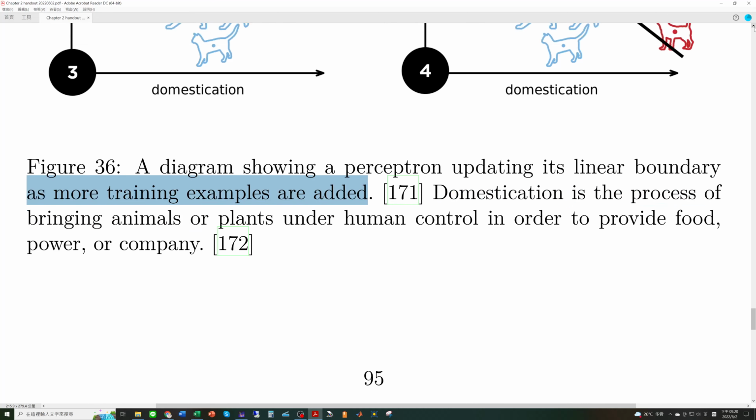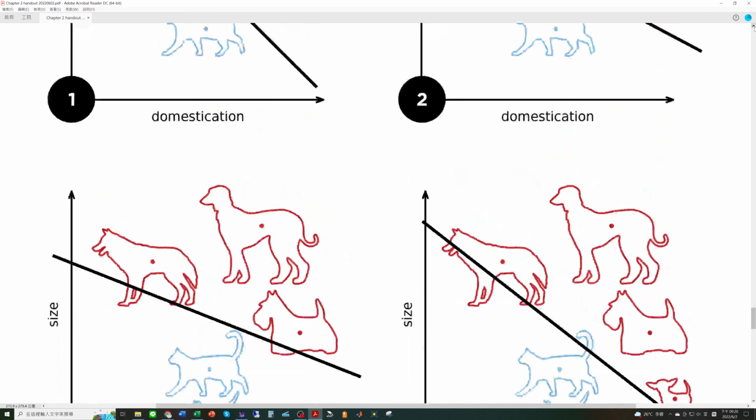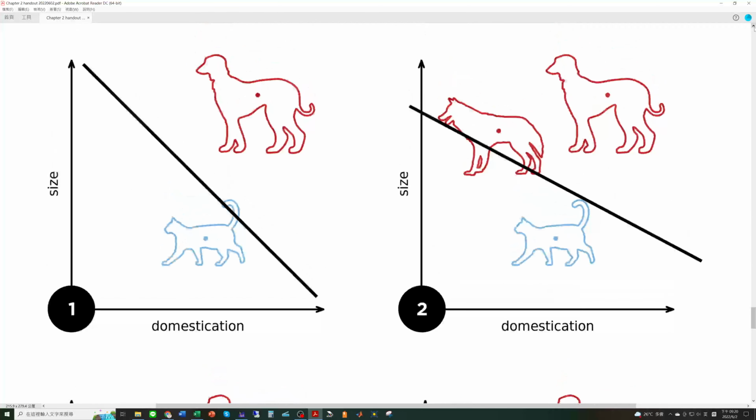There are 4 subfigures in this figure. Let us see subfigure 1. The x-axis is the domestication. What is the meaning of domestication?